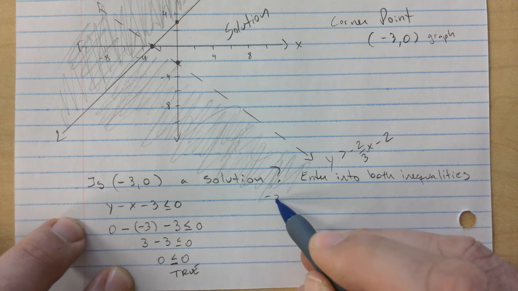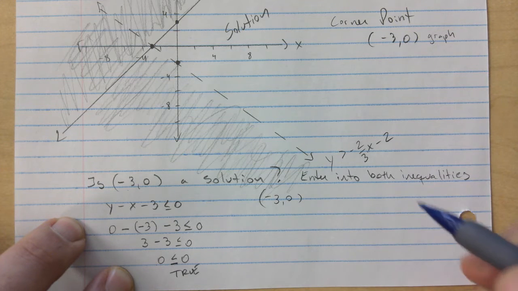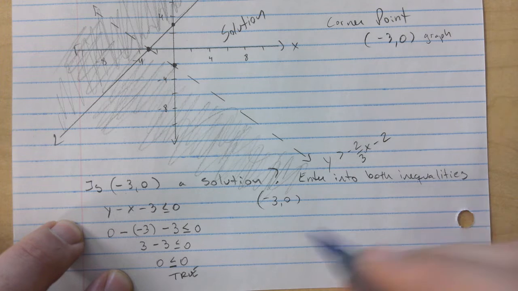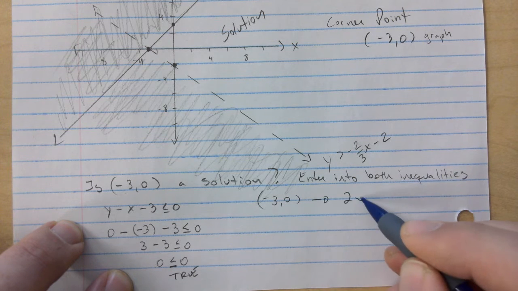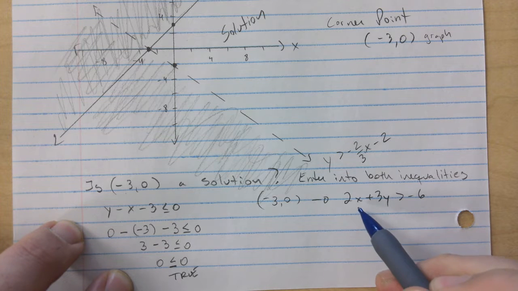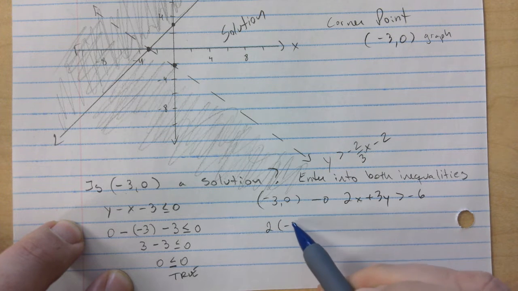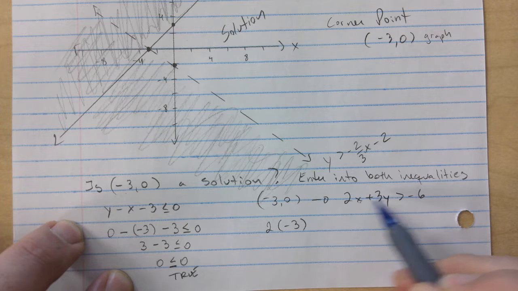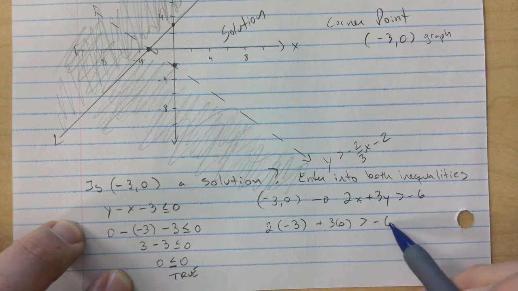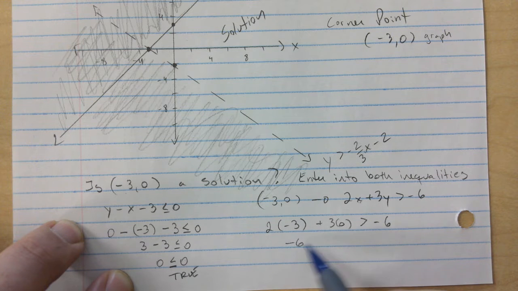And then -3, 0, we'll enter that into, let me just get the original there, 2x plus 3y is greater than -6. So we enter -3 here, and we're going to enter 0 for y and see if that's true. So that's -6.